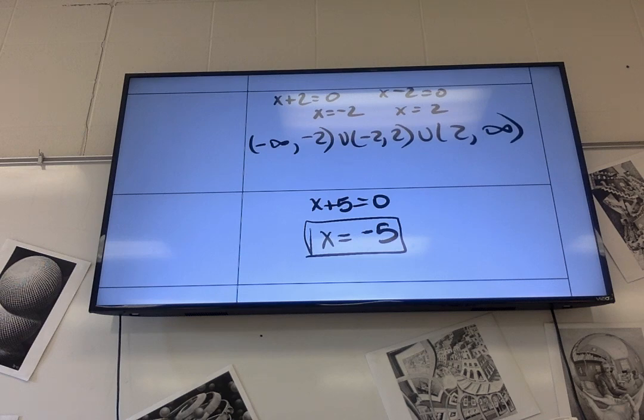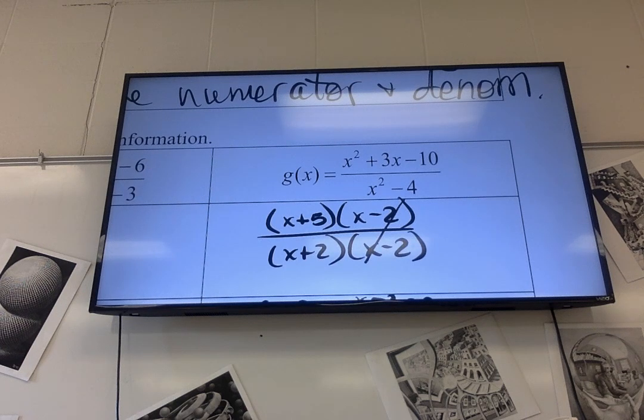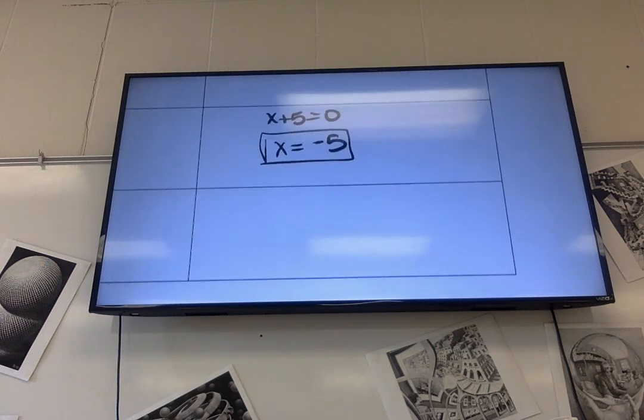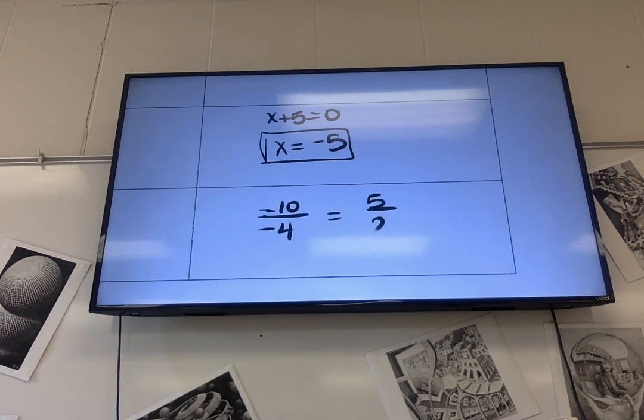And then the y-intercept is constant over constant. So negative 10 over negative 4. Which is 5 over 2. And that's the y-intercept.